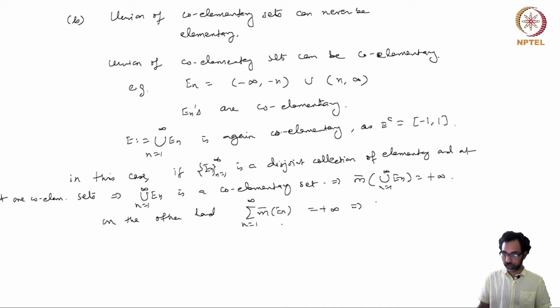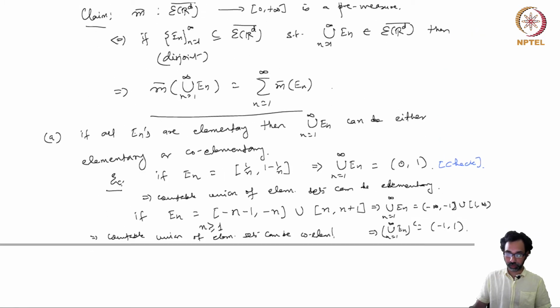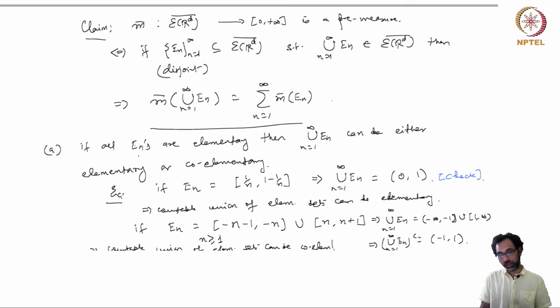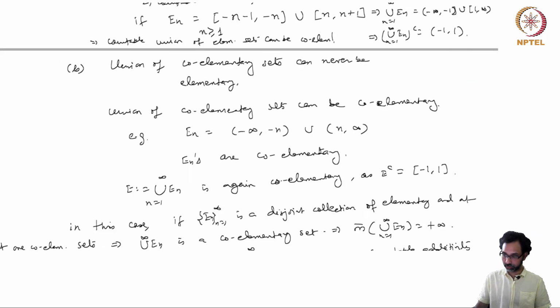This implies that countable additivity holds. So now we only have to show case A, where a union of elementary sets is elementary, and a union of elementary sets is co-elementary. So let's see the proof.